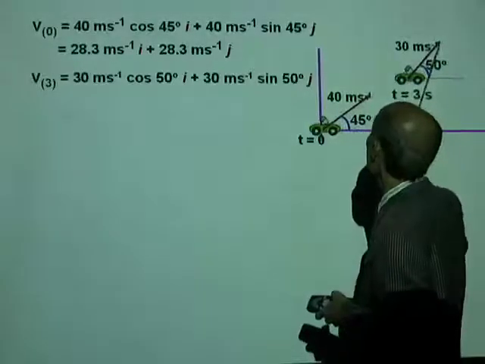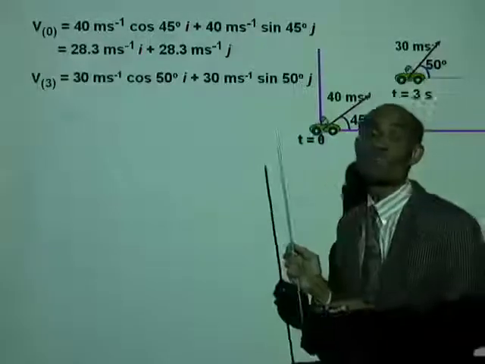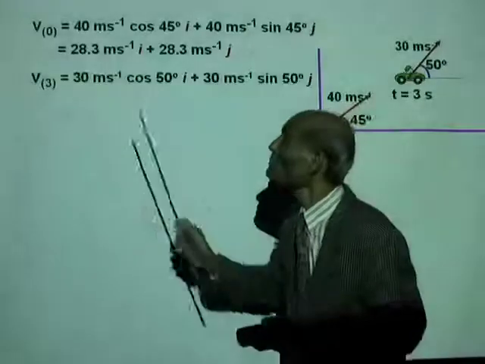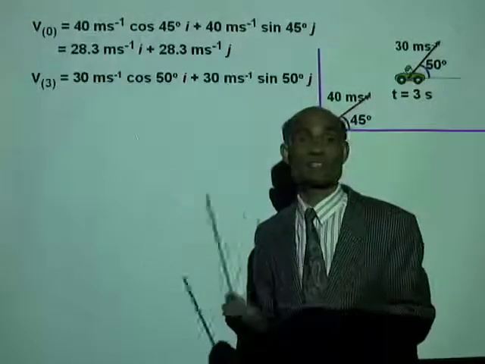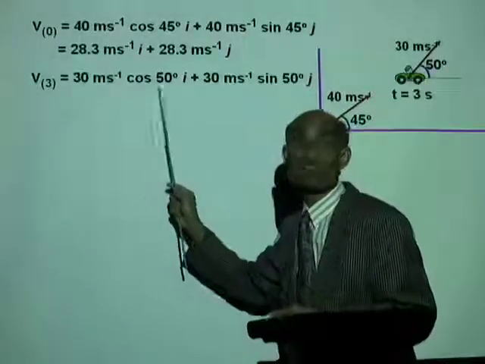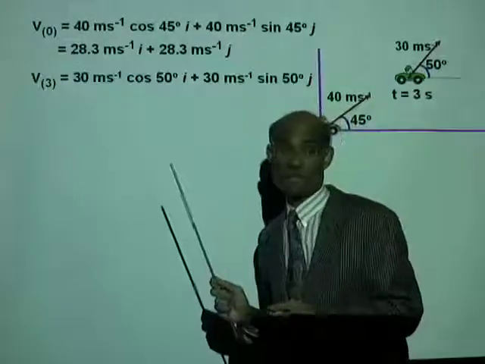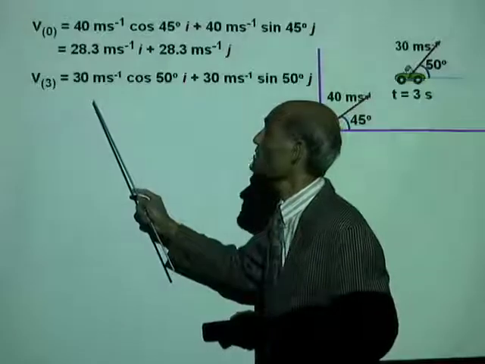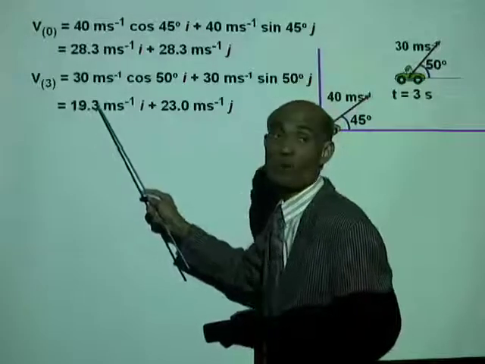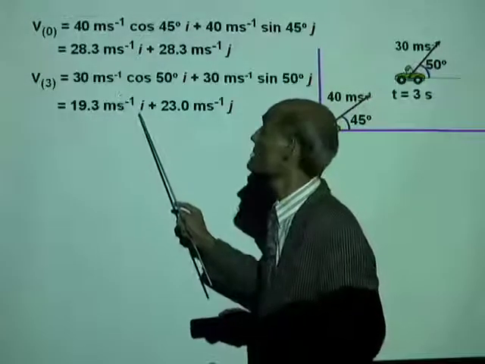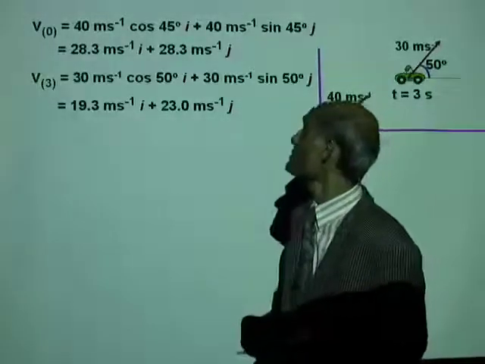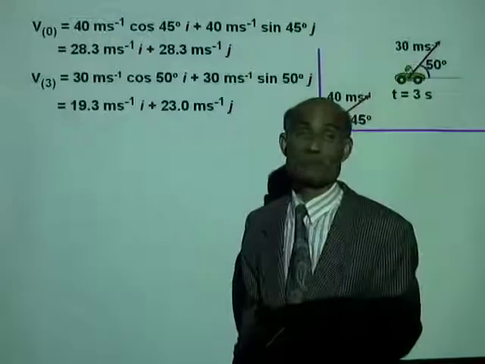And that is the component form of the velocity at t equal to 3 seconds. Again, use your calculator and find these numbers. Alright, are you working with me? Okay, that's equal to 19.3 meter per second i plus 23 meter per second j.